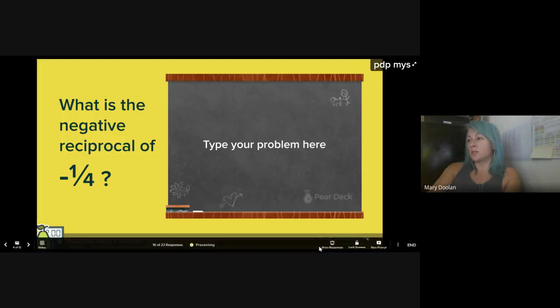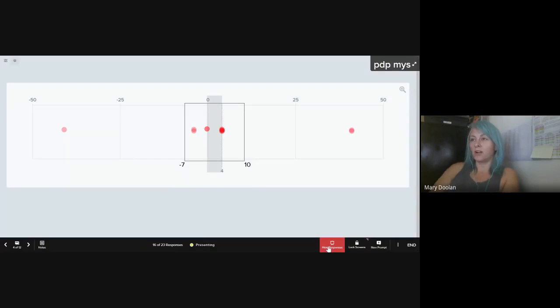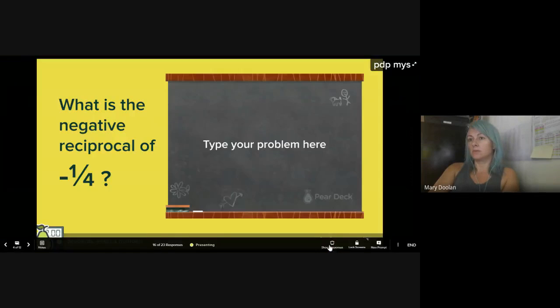Okay, so we're going to look at some responses because they really are all over the place. It looks like maybe this is a -40. So maybe someone was trying to type -4. Those are way off. But the reddest dot right here appears to be at 4, which is correct, +4.